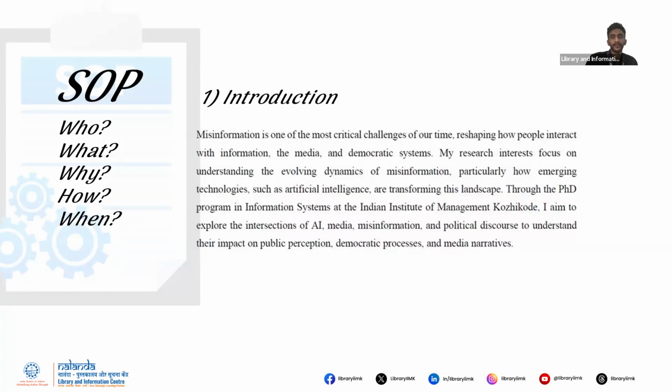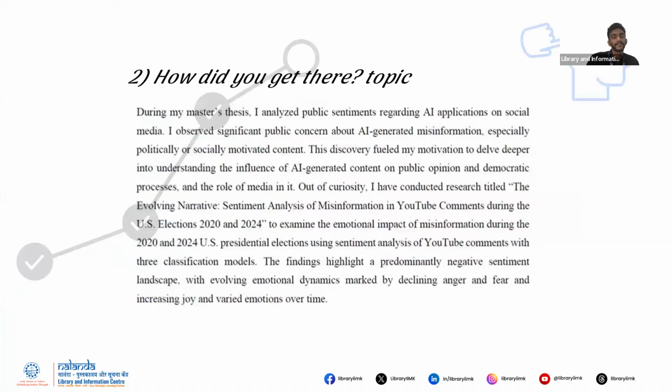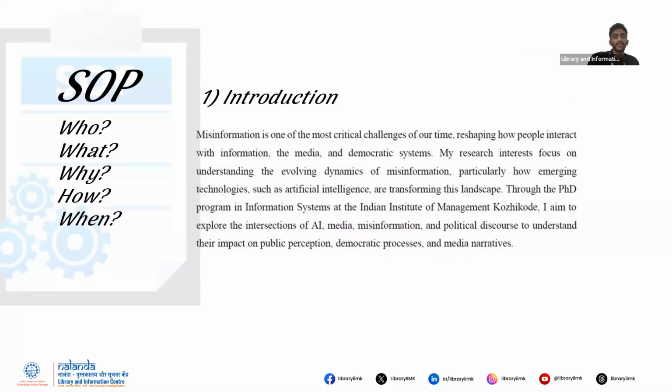If you are doing multi-interdisciplinary work, you can just mention it's an interdisciplinary kind of research. So that's it. Next paragraph. What I want to say is that this is not necessarily the content that should be in your SOP.